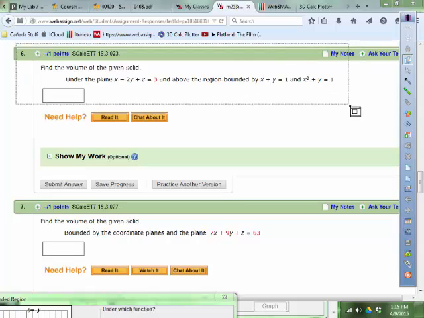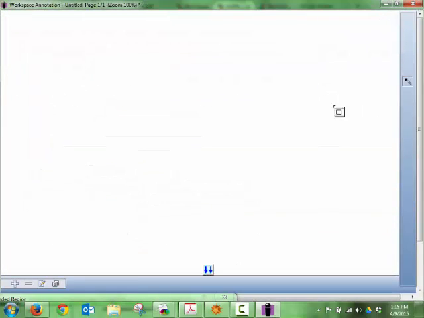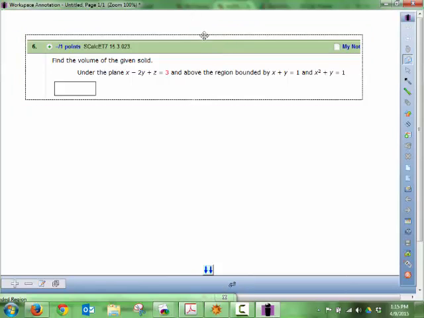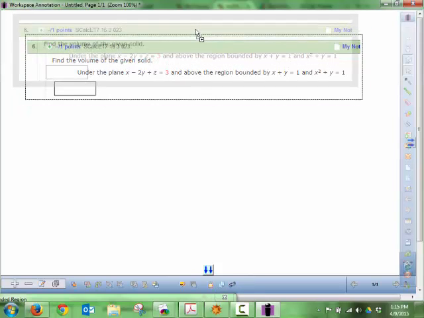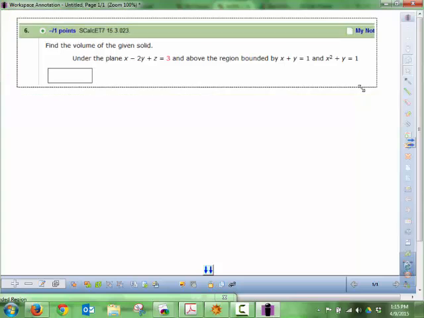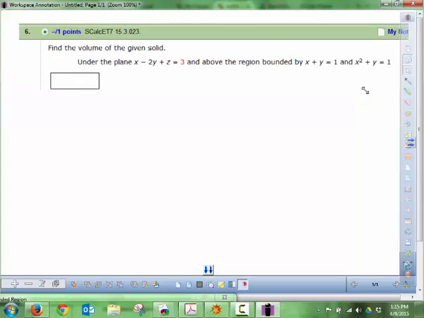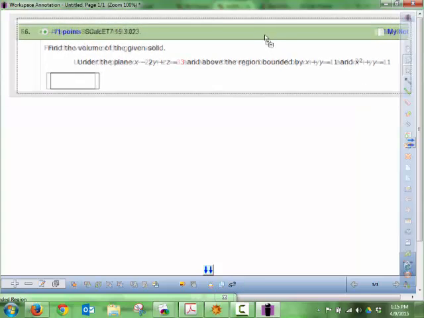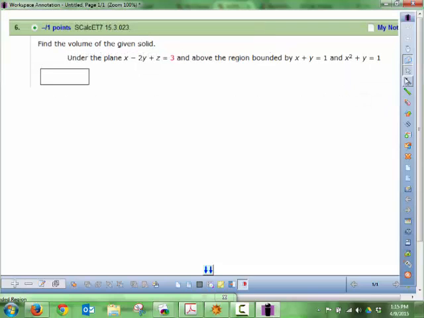So I'll try to do this by hand so that you can get used to being able to do these problems without a graphing program. But after that, let's graph it so that we can be visually satisfied. So we have under the plane and above the region bounded by this two-dimensional thing.